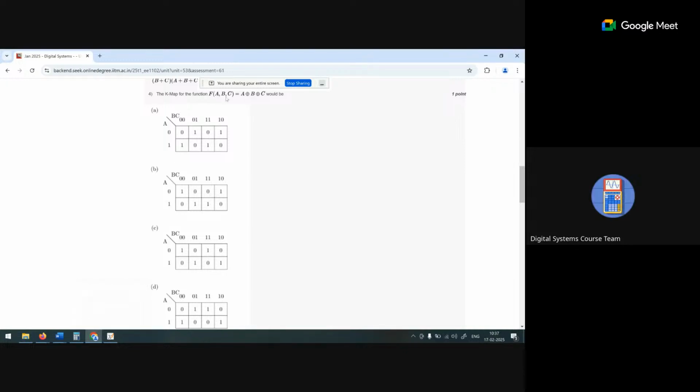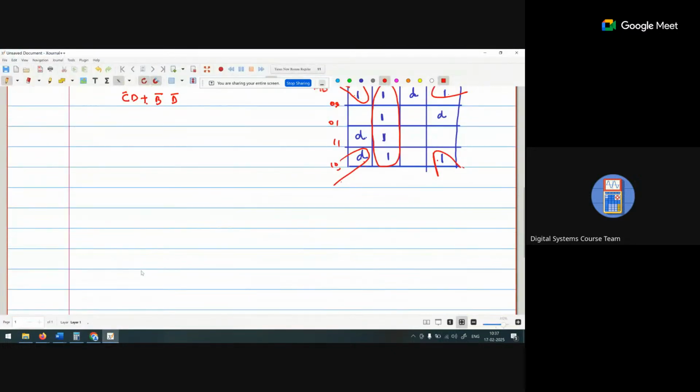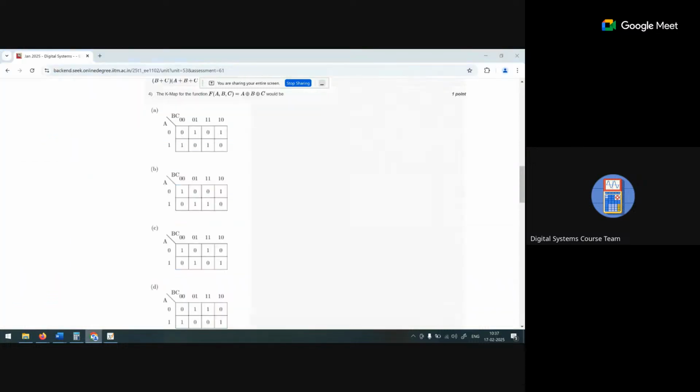K-map for the function F(A, B, C) is equal to A XOR B XOR C. So I just show the K-map. A, B, C with 0, 1 and 00, 01, 11, 10. I go through all four options.